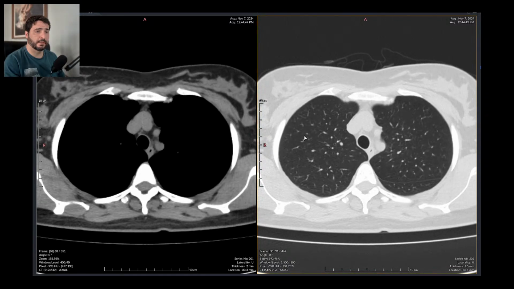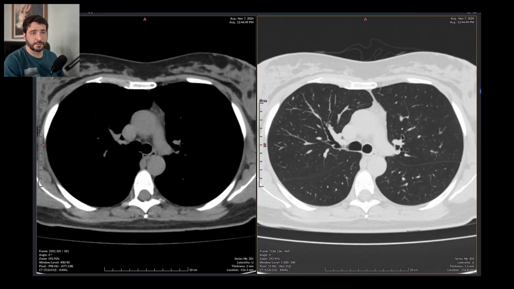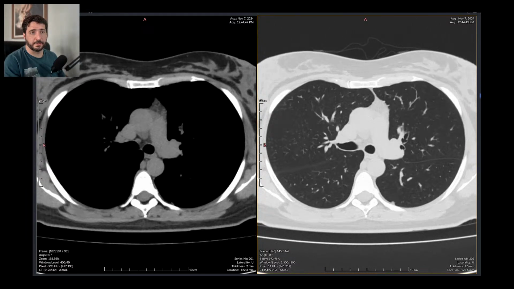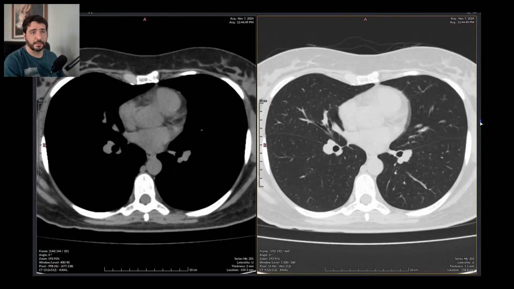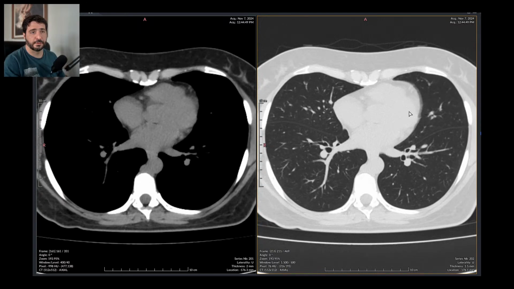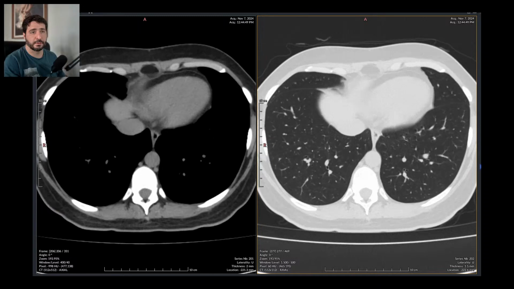This is really common on patients over 30 years of age, especially if they are exposed to air contaminants. Look at that. Just a bunch of micronodules all over the place. No larger nodules.